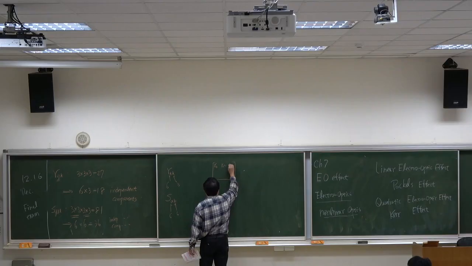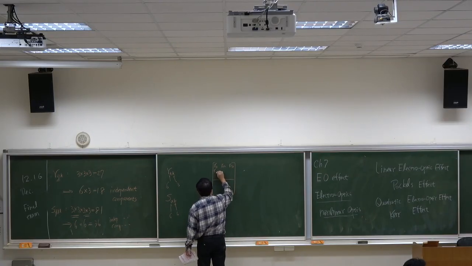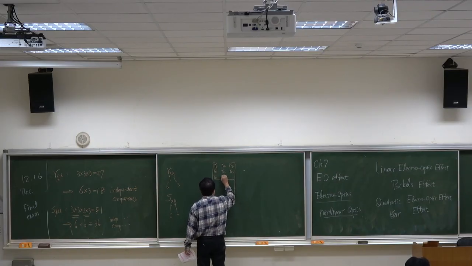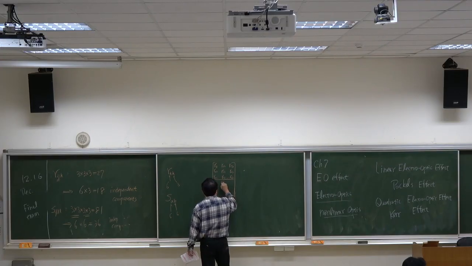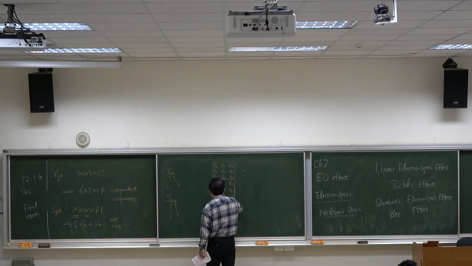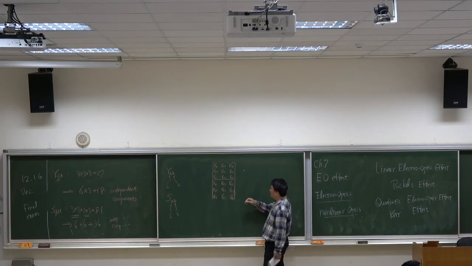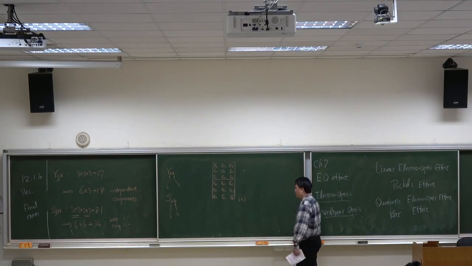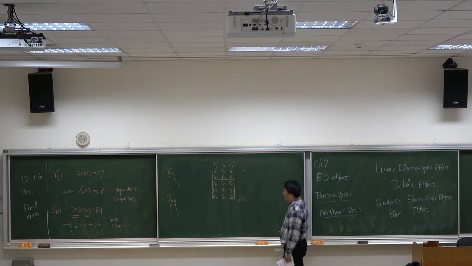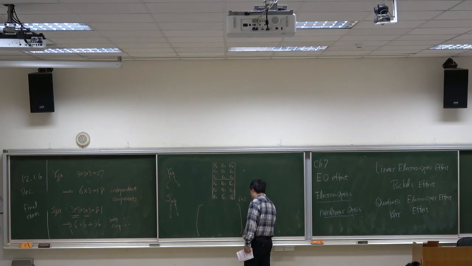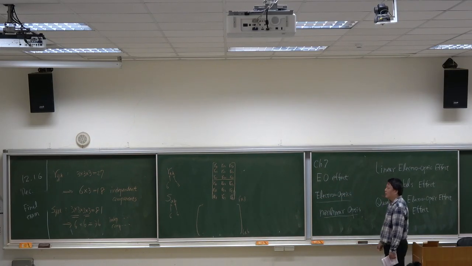R11, R12, R13, R21, 22, 23, 31, 32, 33, 41, 42, 43, 51, 52, 53, 61, 62, 63。它写起来就是一个6乘3的矩阵, 6 by 3 matrix. And we can see that the S coefficient can be written as a 6 by 6 matrix.